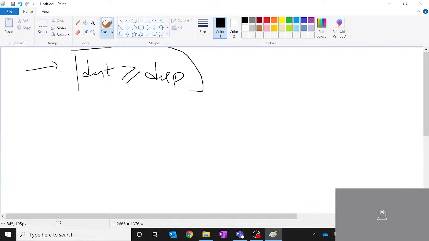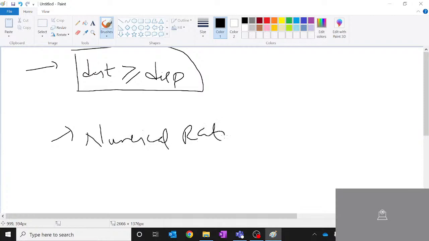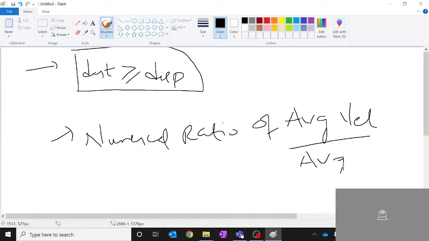Now because we have said this, can I derive a similar analogy between speed and velocity? Tell me, if the given question is, the numerical ratio of average velocity to average speed is, think about the answer.